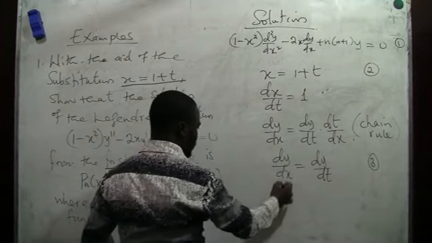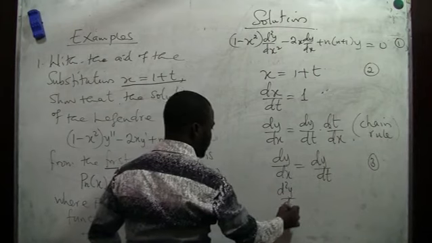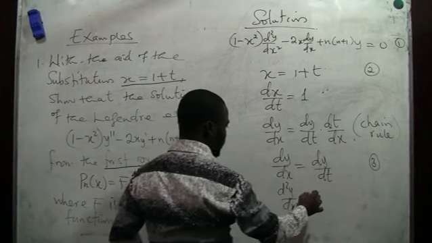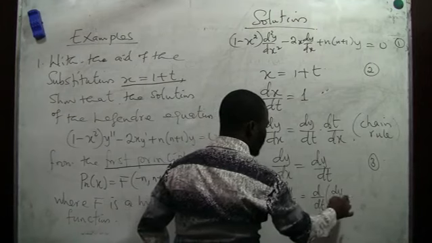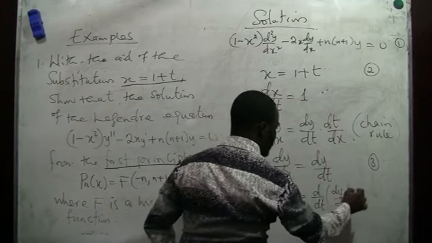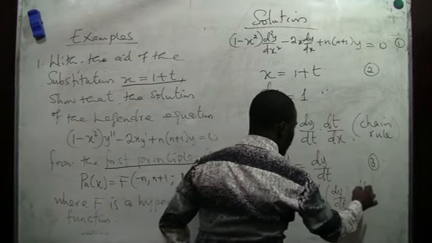Now our second derivative, d squared y dx squared, will be d dt of dy dt multiplied by dt dx. Since dt dx is 1, the derivative of dy dt will give us the second derivative of y with respect to t.